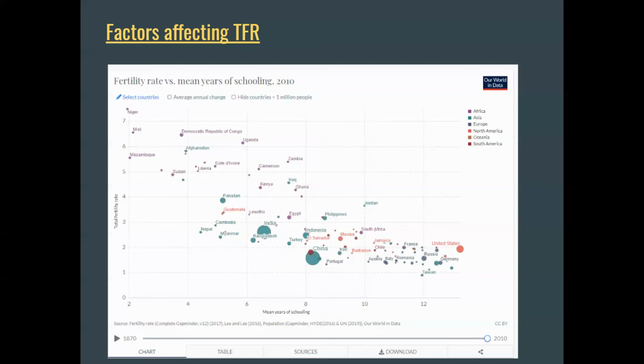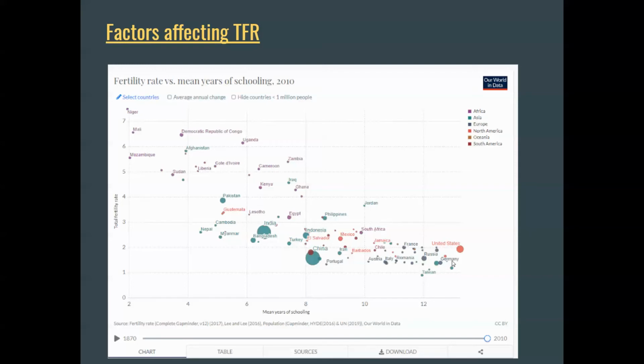First of all, the clearest and most direct way, and many studies have been conducted on this, to influence fertility rates is education for women. And you'll notice in this graph, I can't make a stronger case.